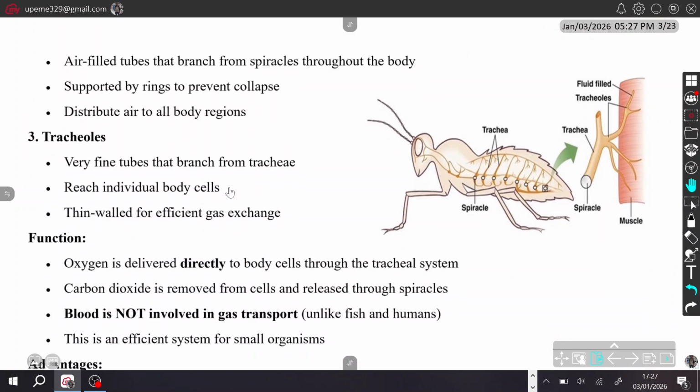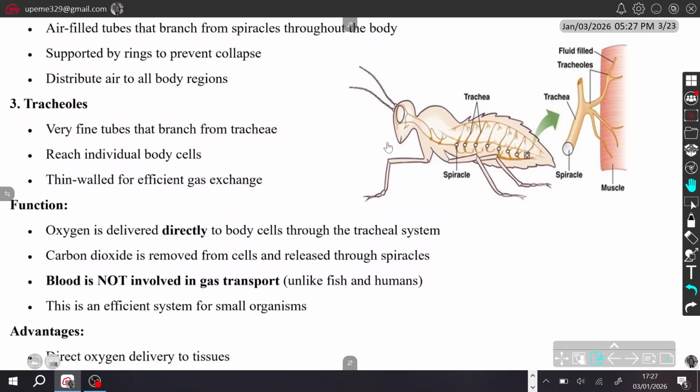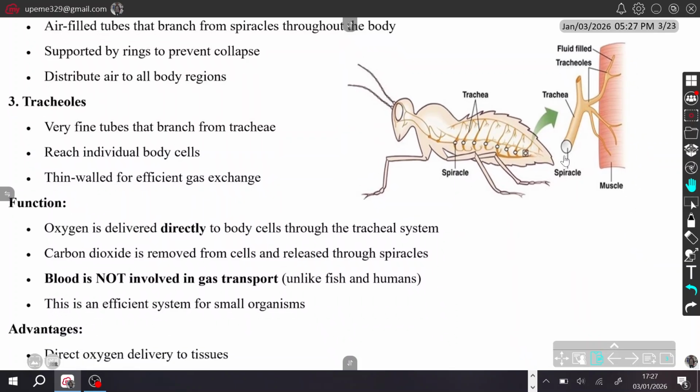So now the trachea, what it is, we are saying these are air-filled tubes that branch from spiracles throughout the body. So after the spiracle, there's a tube now. That tube now is a trachea.